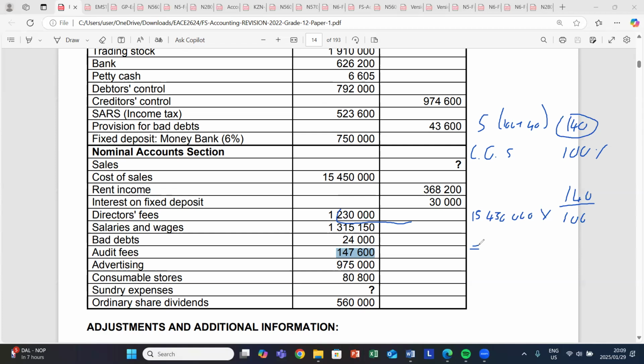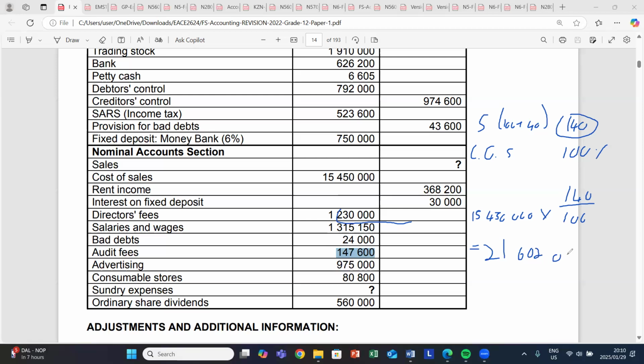Let's calculate it. 15,450 multiplied by 140 divided by 100, and then we'll get our sales. The sales amount that we'll get is 21,602,000.